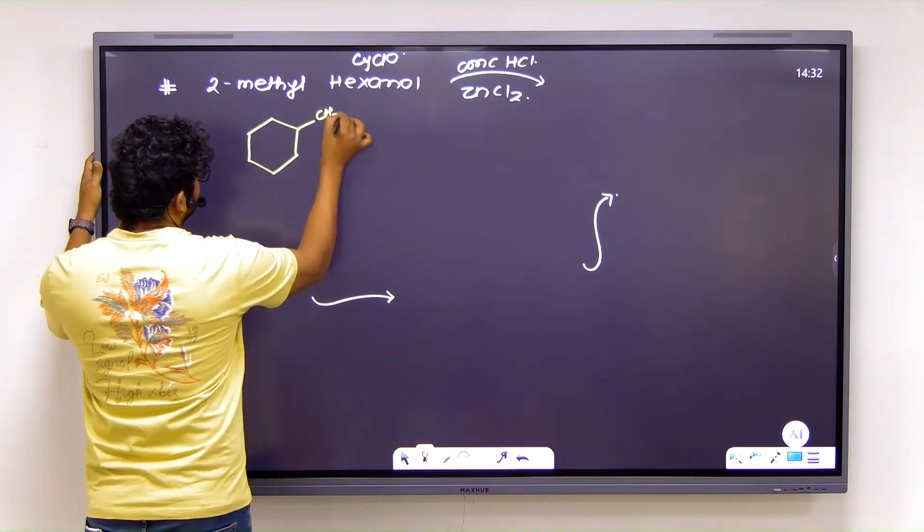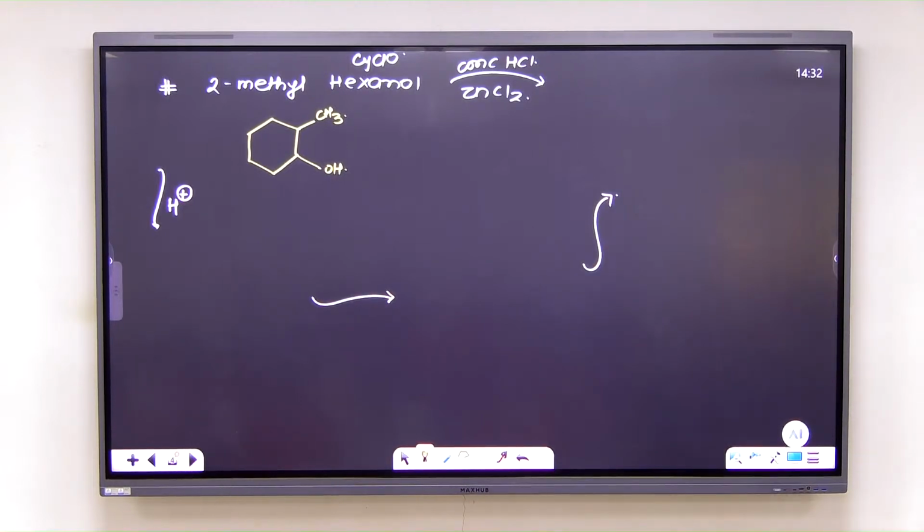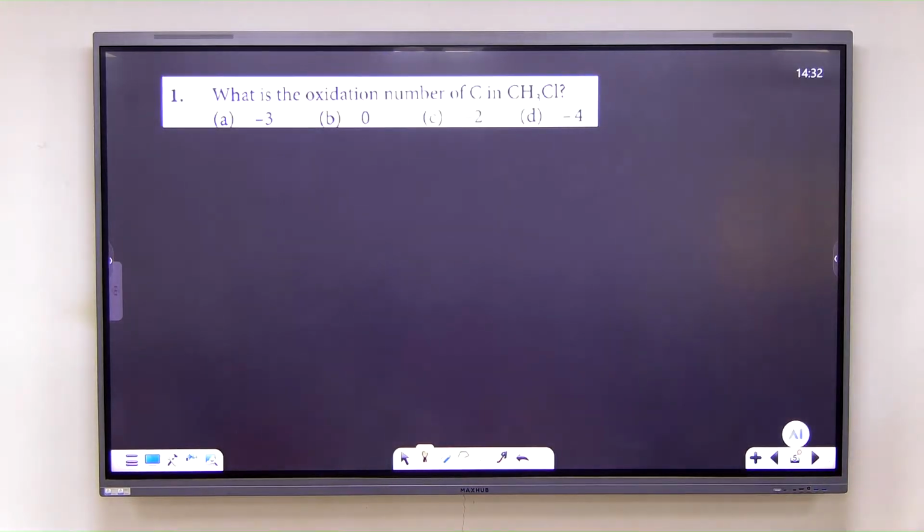I can write it, it is 2-methyl, it is OH. Solve. Done? How much? Minus.